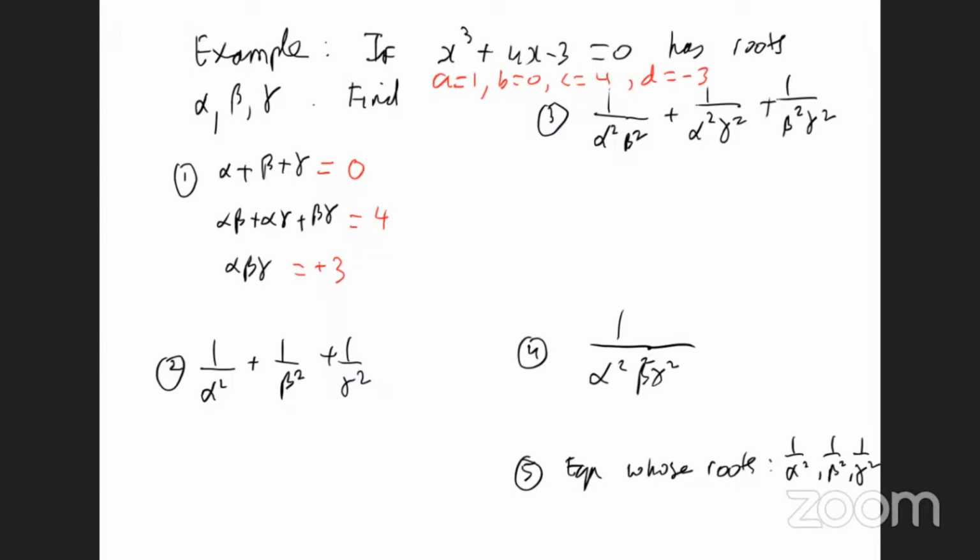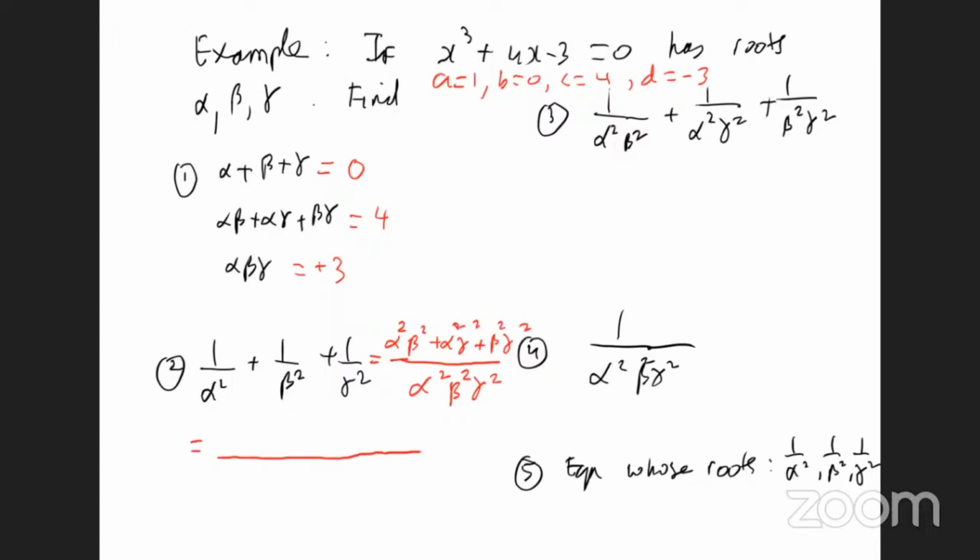Well, you'll have to simplify it. Then you could use the formula. What will the numerator be? Well, ideally alpha squared plus beta squared plus gamma squared, right? But the numerator will be alpha squared beta squared plus alpha squared gamma squared plus beta squared gamma squared.